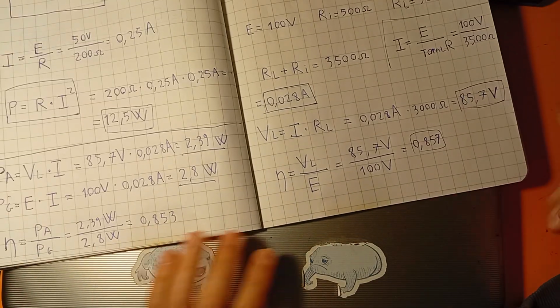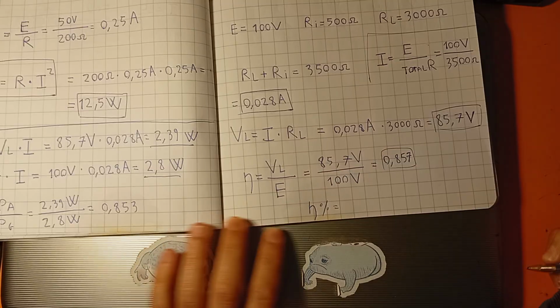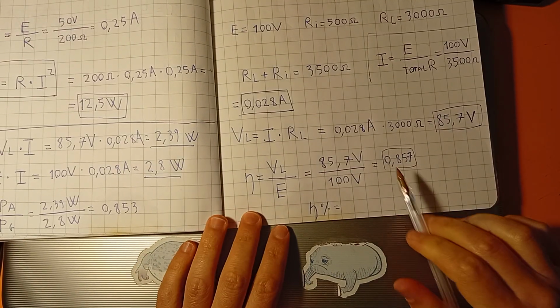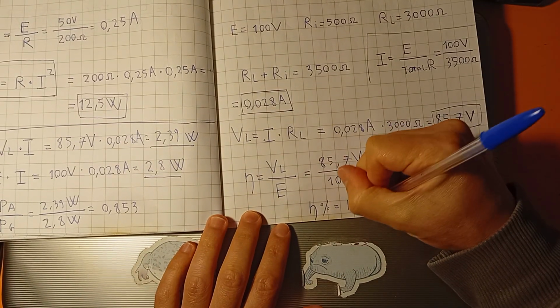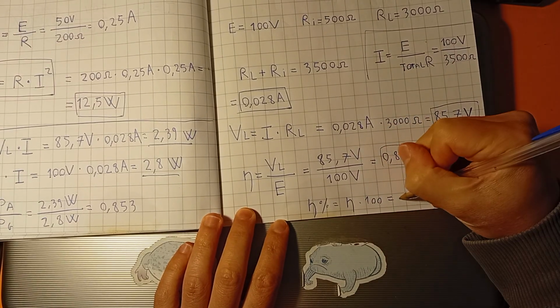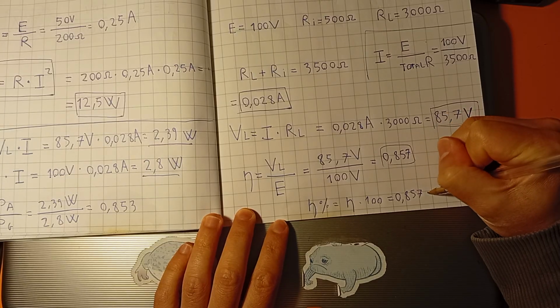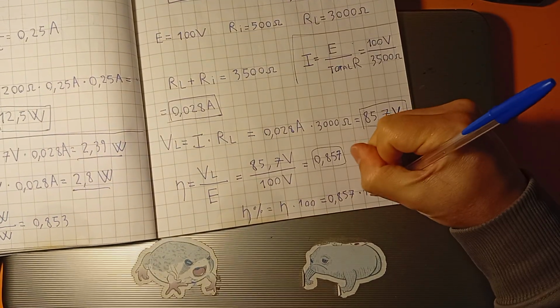Now we can also calculate the efficiency in percentage. How much is the efficiency in percentage? I just have to multiply the efficiency by 100: 0.857 multiplied by 100.